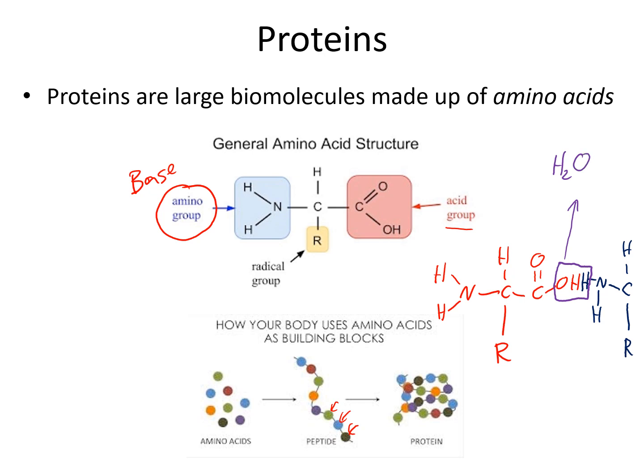The base and the acid want to combine, and it makes an H2O and leaves, and it's called dehydration synthesis because it loses the water. That's how amino acids stick together. They start to stick together, and then they get folded into what is then called a protein. We're going to learn a little bit about that.